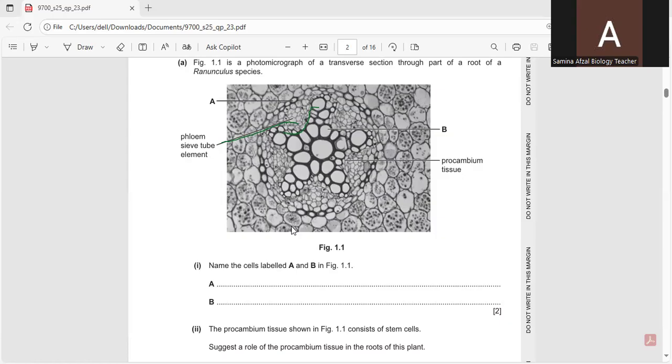A and B. A is the endodermis. They have highlighted one cell, so this is an endodermal cell.